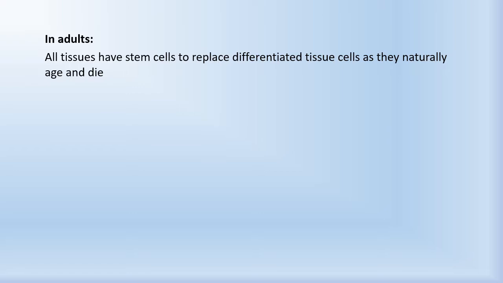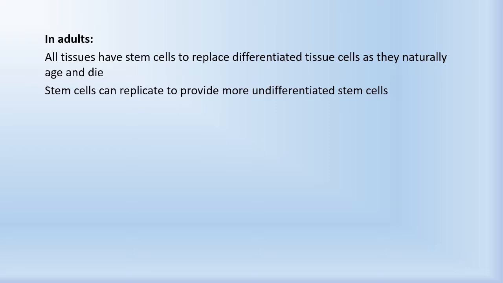The replacement of senescent or dying cells occurs throughout the body. Cells can only replicate so many times before they die, and this is a protective mechanism to maintain healthy cells. So all tissues have stem cells to replace the differentiated tissue cells as they naturally age and die.